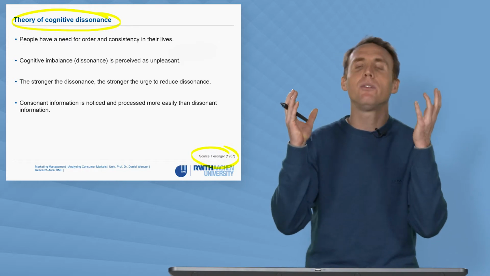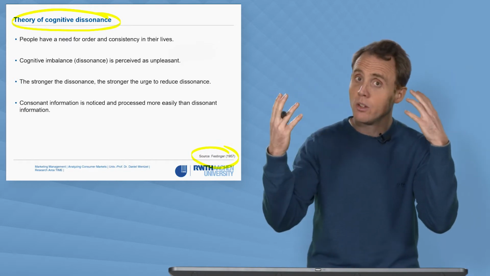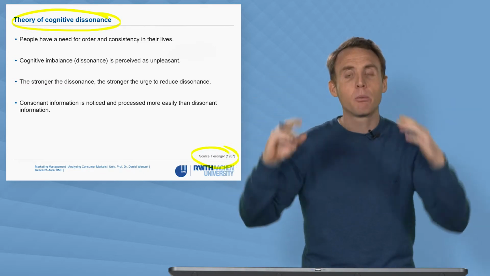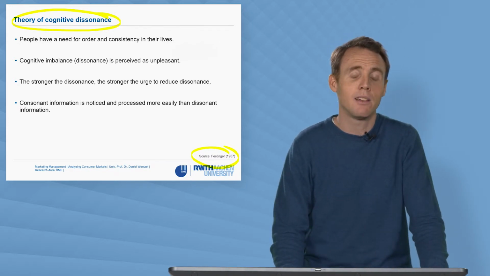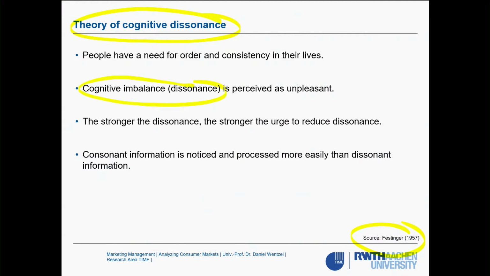So people like to feel that everything that's going on in their heads, all their thoughts and opinions and attitudes, what they think about the world, that there's some kind of balance between these elements, right? Or you can flip that statement around and say, well, a cognitive imbalance, right? What they call a dissonance. Now, this is perceived as very unpleasant.